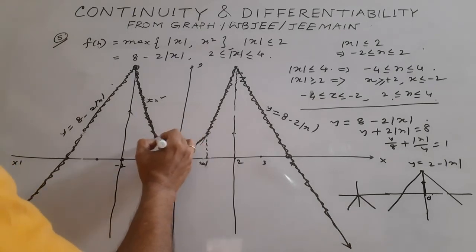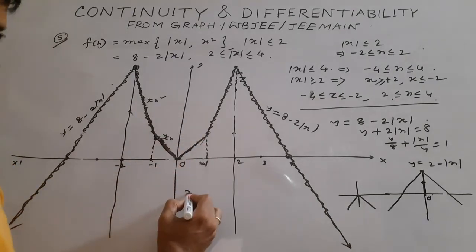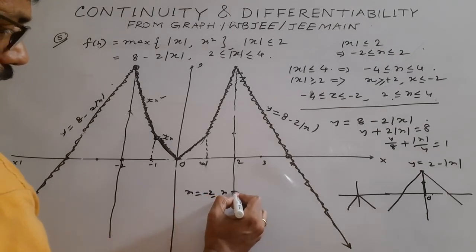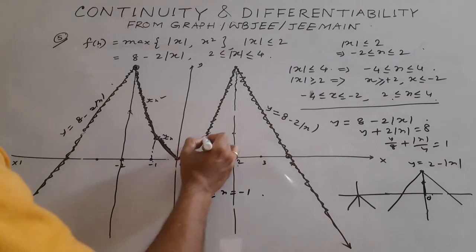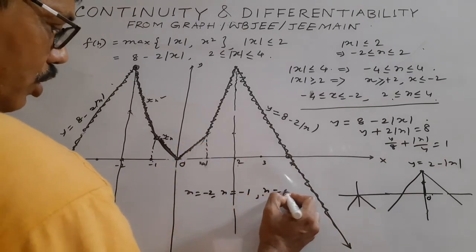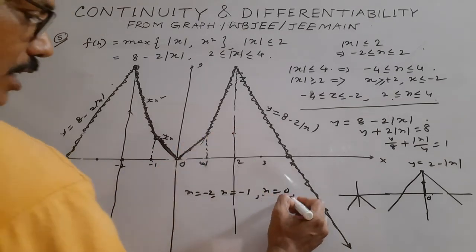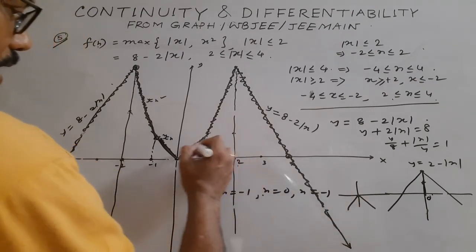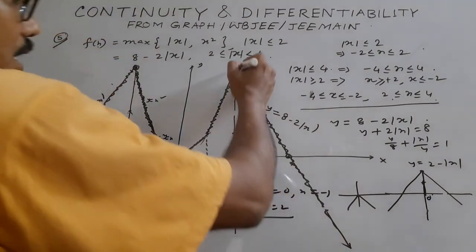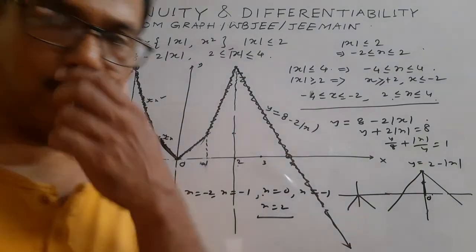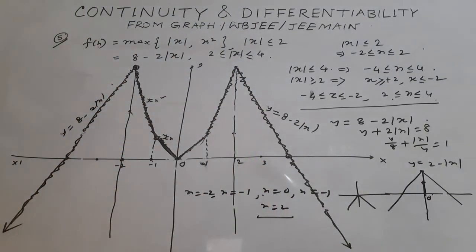They are different. So x equals minus 2, this is x equals minus 1, x equals 0. It has a sharp edge. X equals minus 1, it has a sharp edge. And x equals 2, it has a sharp edge. So the function is not differentiable at these points.